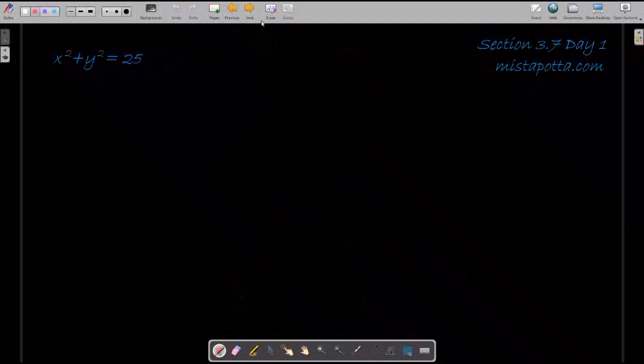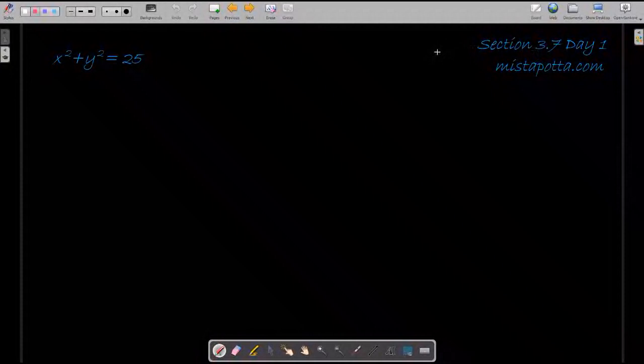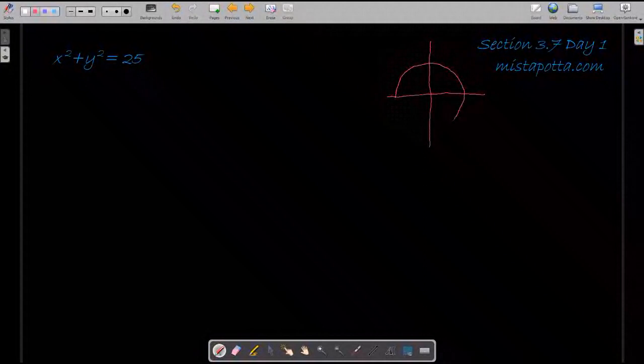Let's say that I'm dealing with a circle. Now, obviously, a circle does not pass the vertical line test because I have the values for where y is greater than 0 and the values of where y is less than 0.